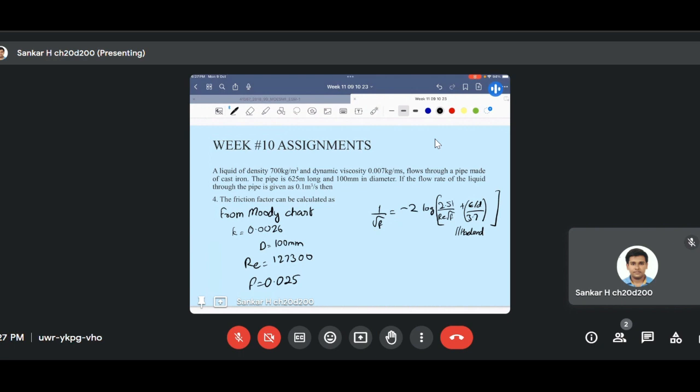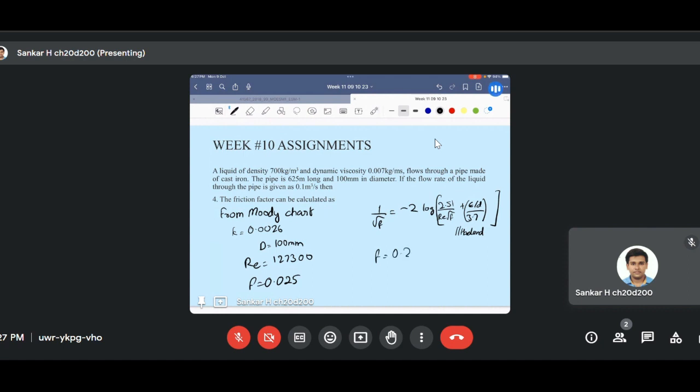As you can see, this is an implicit function where you have a function of y in y, and this is known as a transcendental equation. These equations can be solved to get the friction factor, and when you solve it, you will get the friction factor to be somewhere between 0.02 and 0.03.